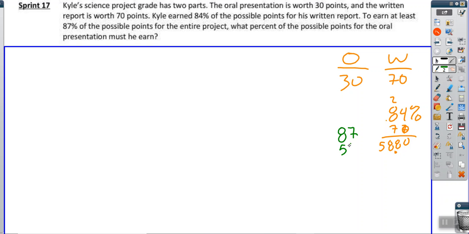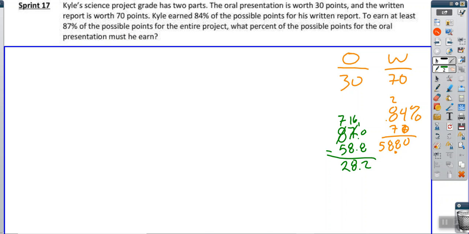Right now we have a 58.8. So what do we have remaining? I'm just doing subtraction, so that means he needs to get 28.2 out of 30. He needs to do real well on that.